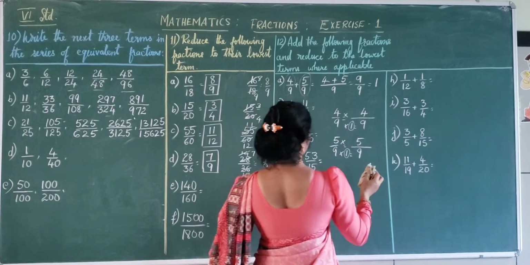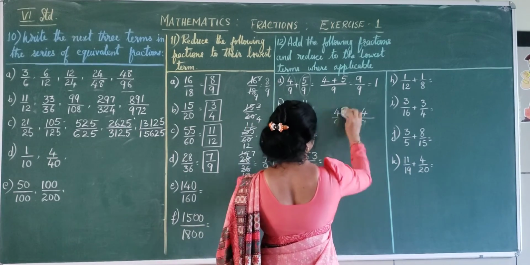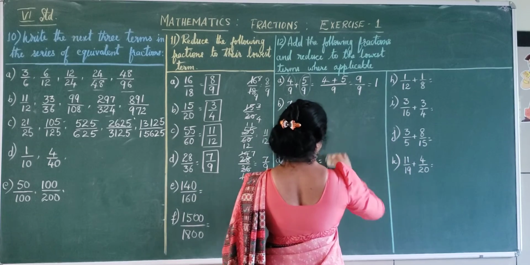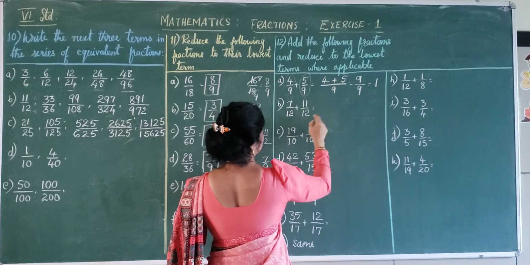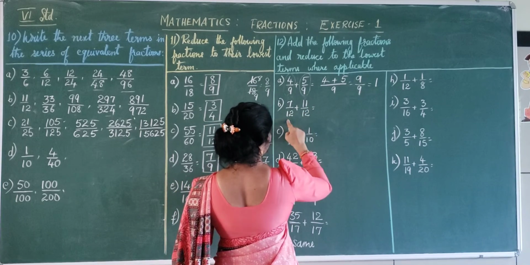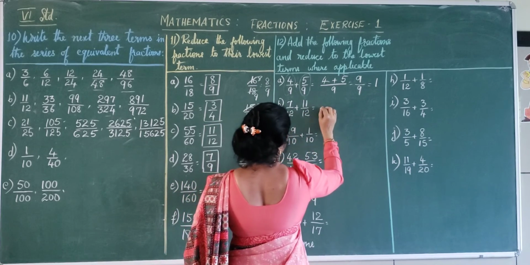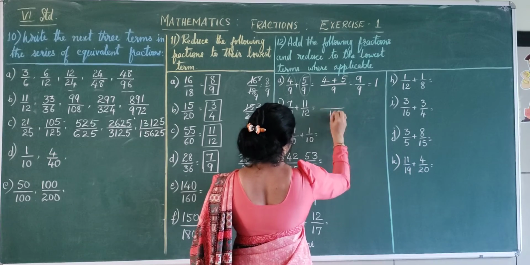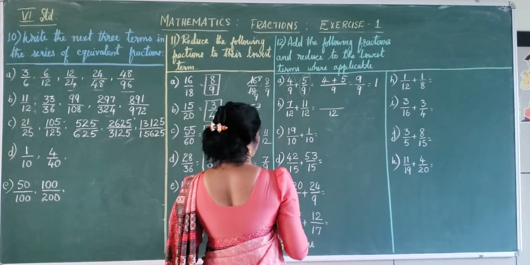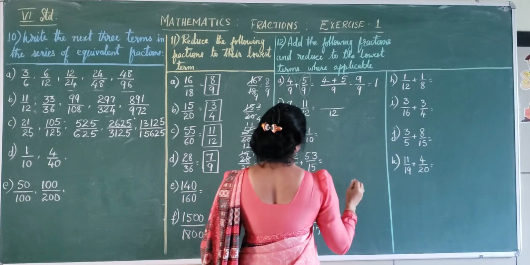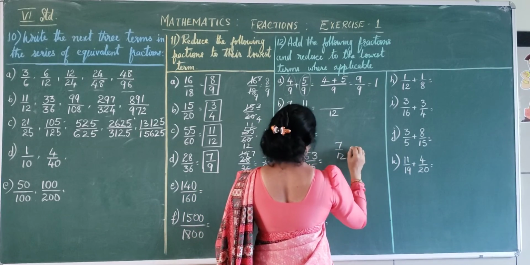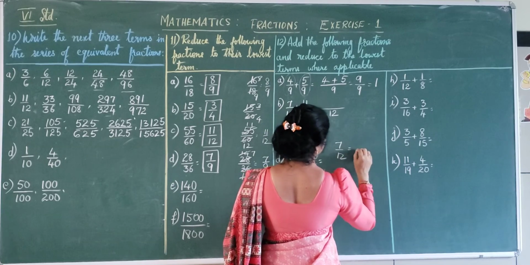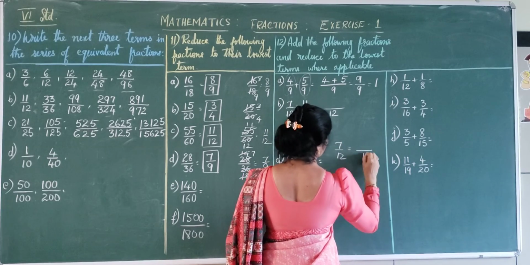Okay, now let us go for the next one. Seven by 12 plus 11 by 12. Again you can see the common one here is 12, so write 12 as it is in the denominator. Now 12 into 1, the same again. 7 by 12 is equal to, again here 12.